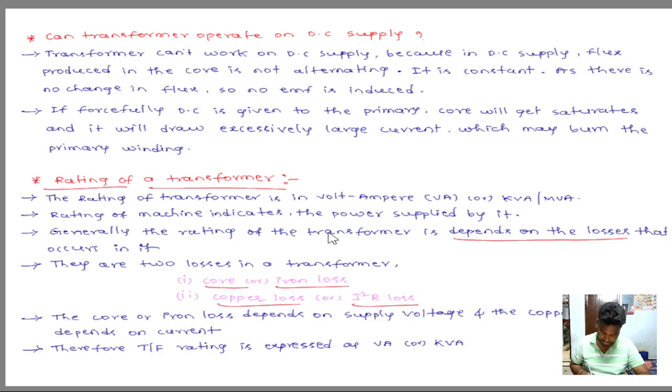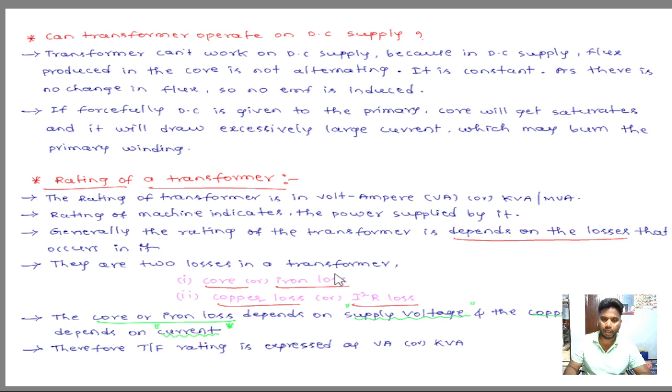Remember, it is very important: core or iron loss depends on the supply voltage. And the copper or I square R loss depends on the supply current flowing through the windings.